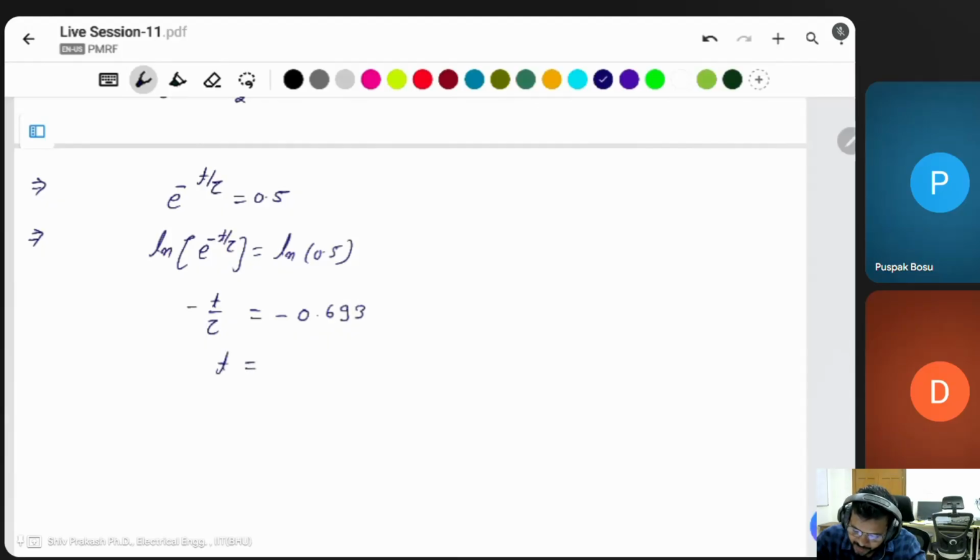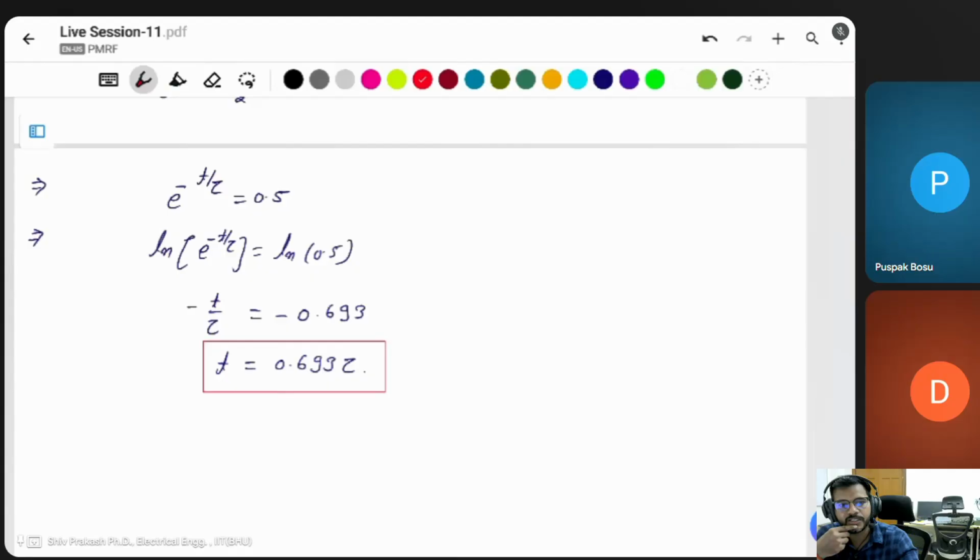What is the time? Time is equal to 0.693 times the time constant tau. At this time, VL is equal to VR. Both are the same: the inductor voltage and resistor voltage are the same at this time.